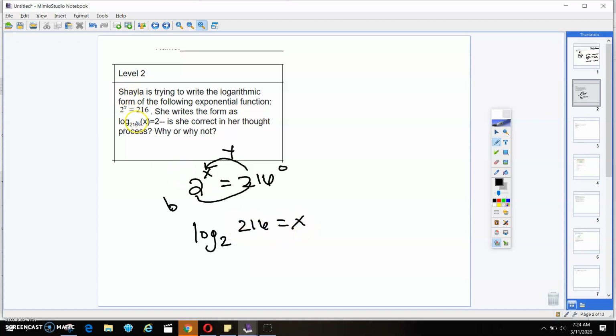So is this what she has up here? No. She needs to switch her numbers around. So her base is wrong, and the other numbers that she's evaluating is wrong. Okay? Questions over this? Okay?